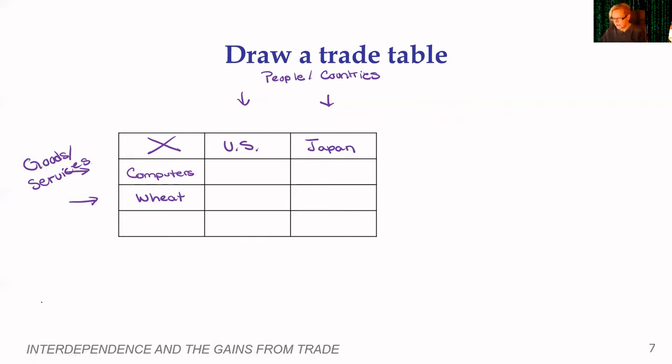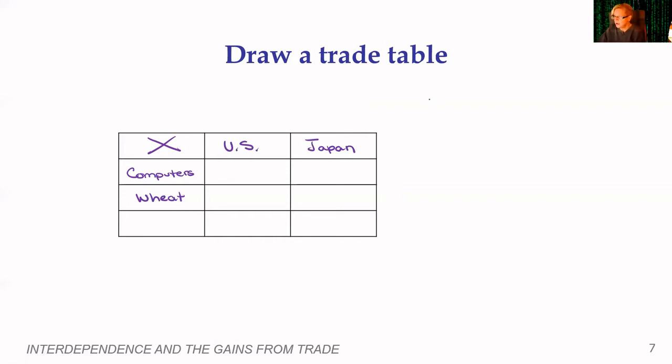Okay, so I want to clean this up because I want to do some other stuff with it. So let me just erase a few things here. Just going to erase that now that you know where things go. Okay, essentially we're going to use this table to capture the information about opportunity cost.